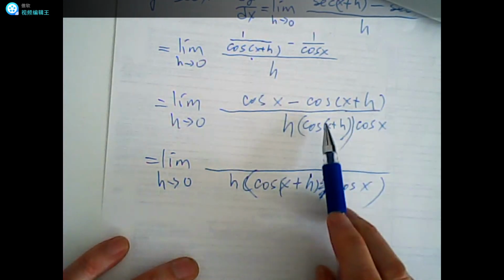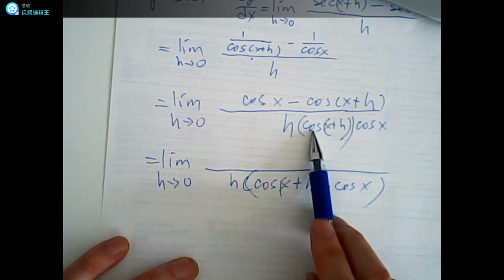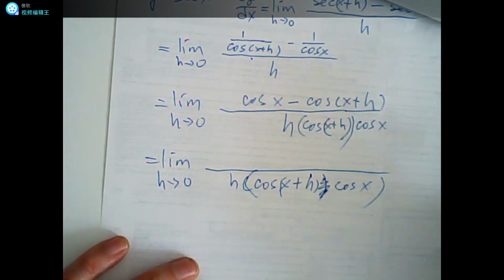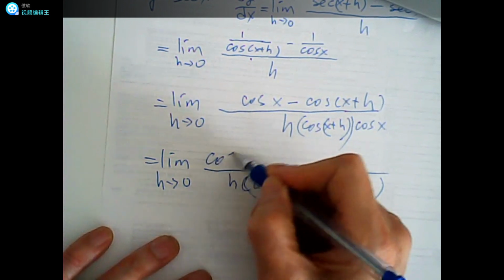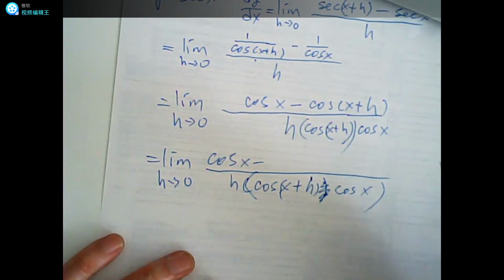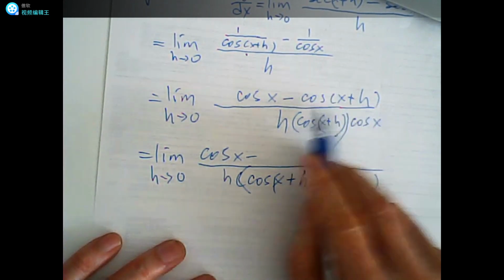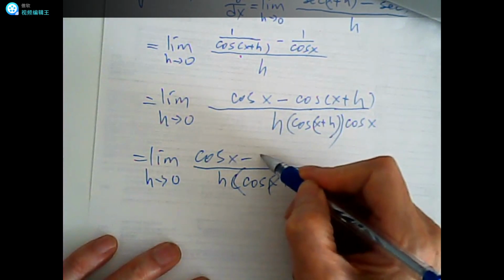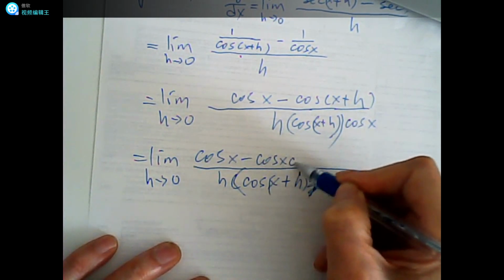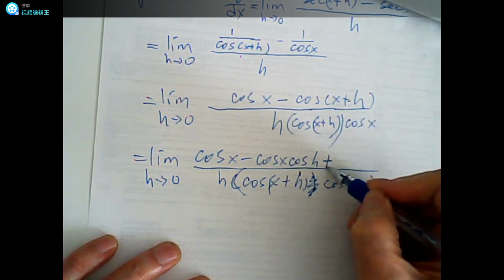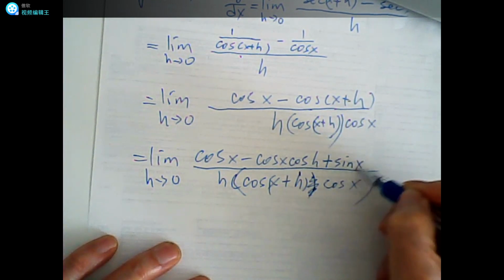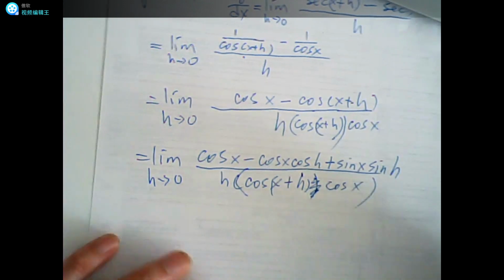The common denominator is cosine of x plus h times cosine x. And here the numerator is cosine x minus cosine x cosine h, and minus becomes plus sine x sine h.